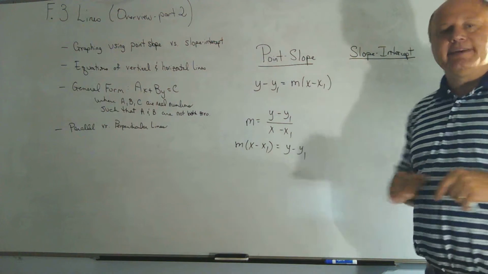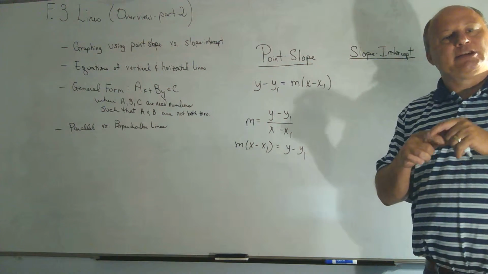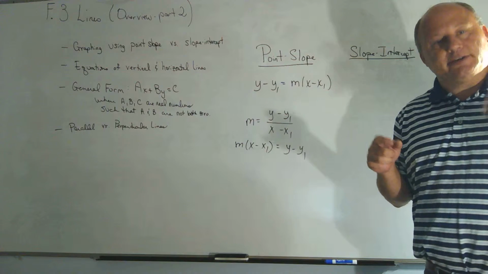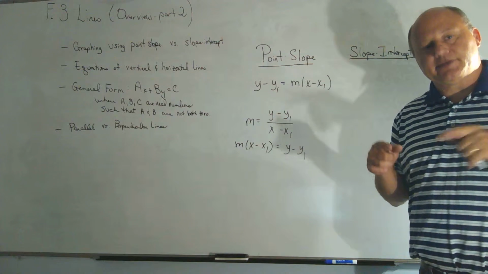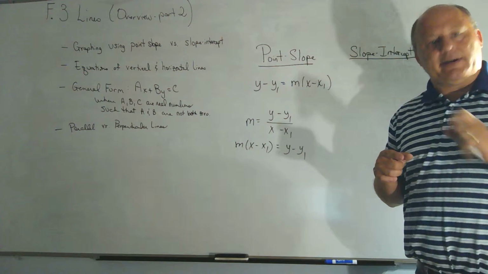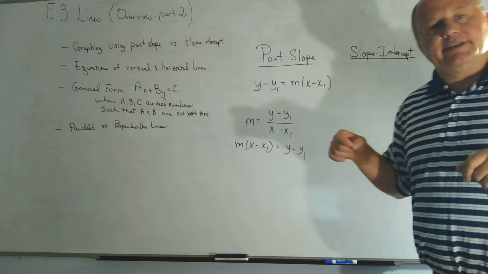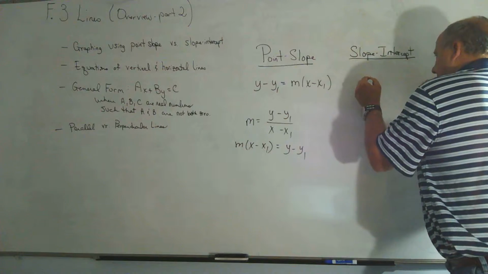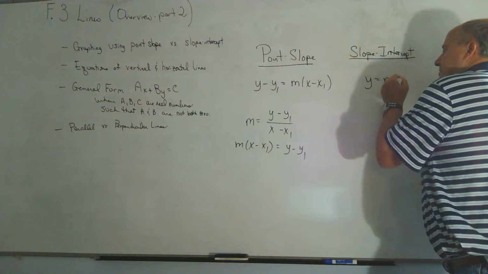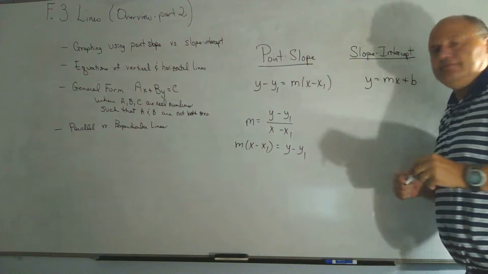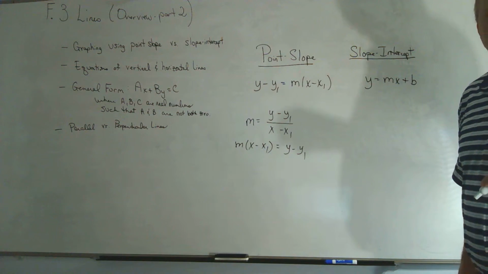Now, the slope-intercept formula is close, but you still have to have the slope. That's why it's called slope-intercept. The intercept is the y-intercept. So you'll use this one when you know the y-intercept. So it's y equals m times x plus b. That's the equation of that one.